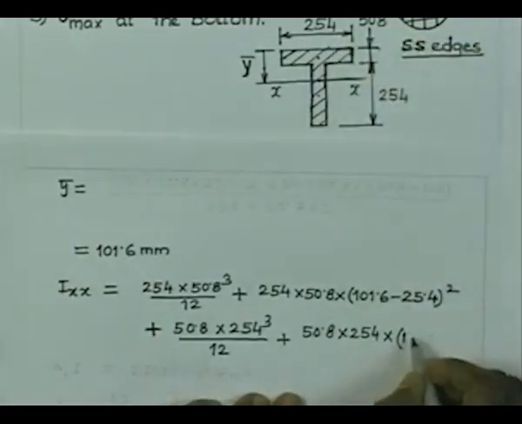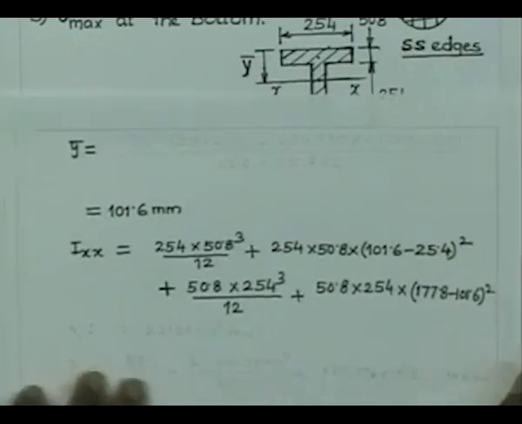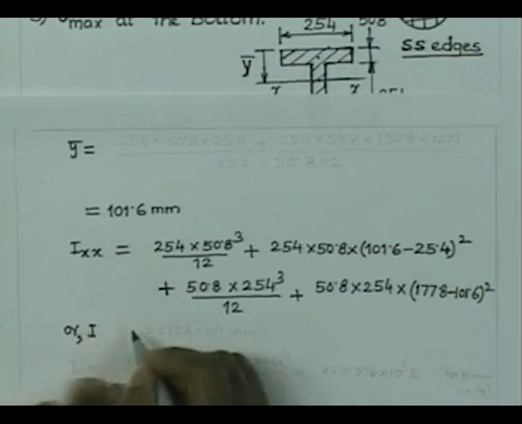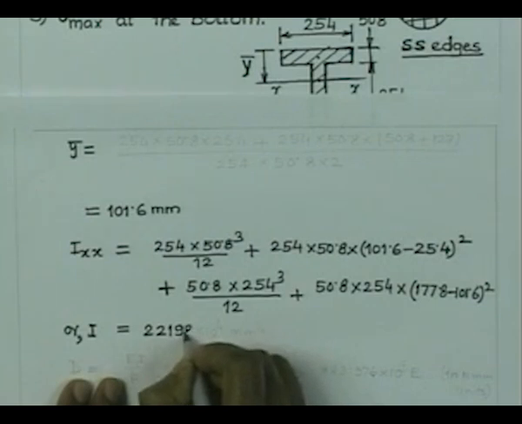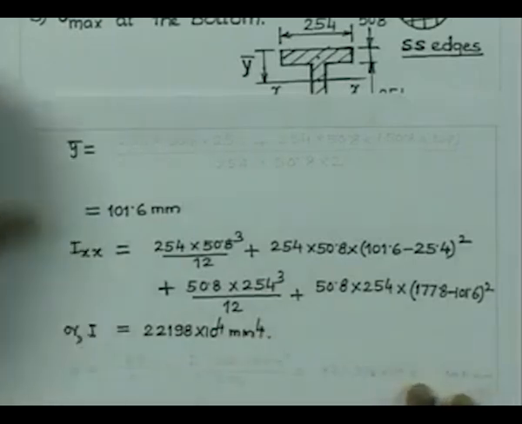So, that total gives us 177.8 minus 101.6, squared. That gives us the contribution of the parallel axis theorem. On simplification, we will simply write I rather than Ixx. This is nothing but 22,198 into 10 to the power of 4 millimeter raised to the power 4. So, that is the moment of inertia.